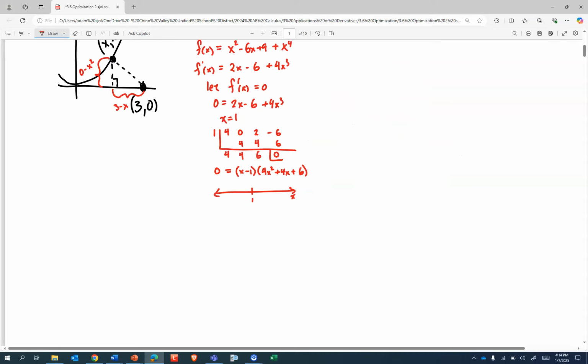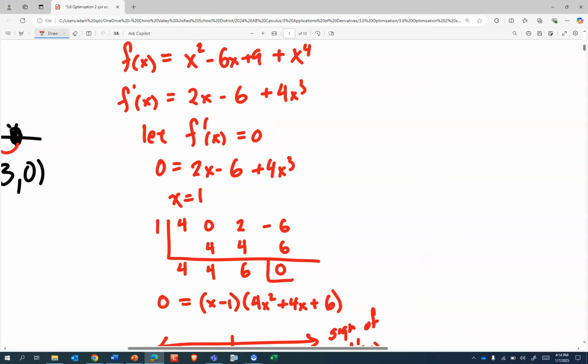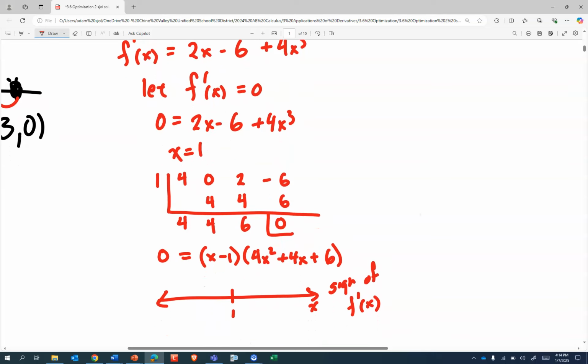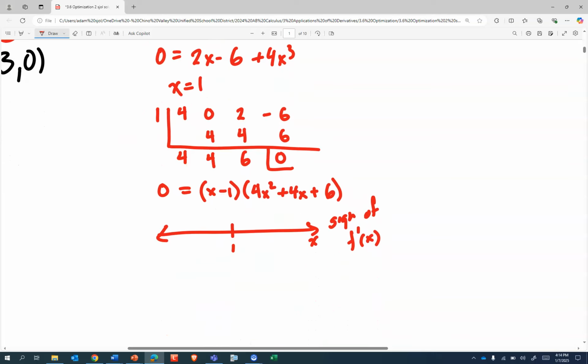And what do we call this? We're going to say sign of f prime. And let's see. If I use a number greater than 1, like 10, that's going to be 10 minus 1, positive. 4 times 10 squared is positive. 4 times 10 is positive.